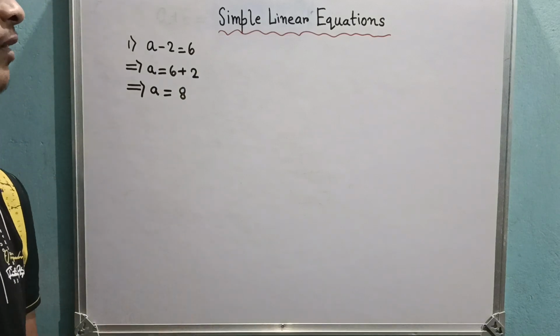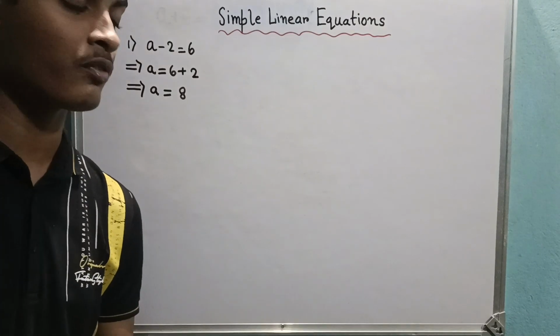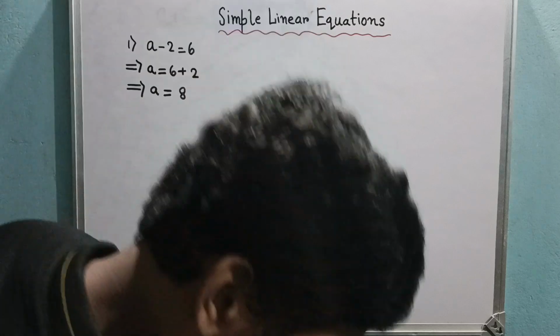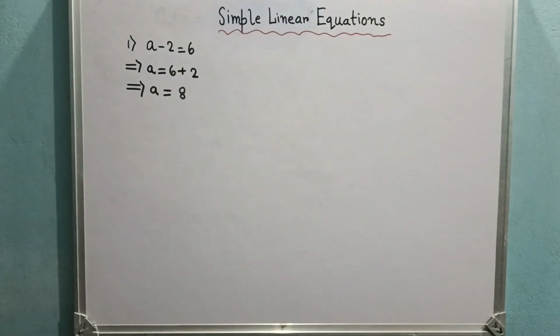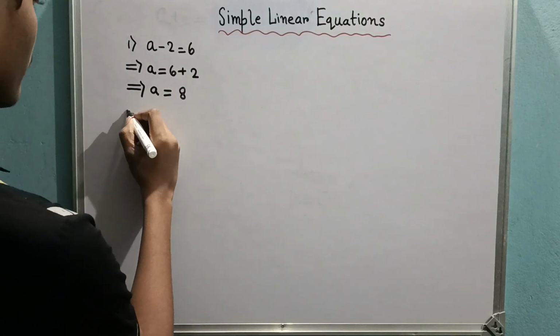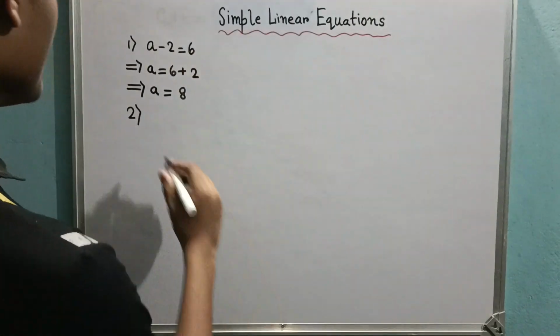As you can see, the topic is simple linear equations. So we will come across many types of sums. So let's proceed to a little harder one. So this is also an easy one. We have 3p equal to 12.